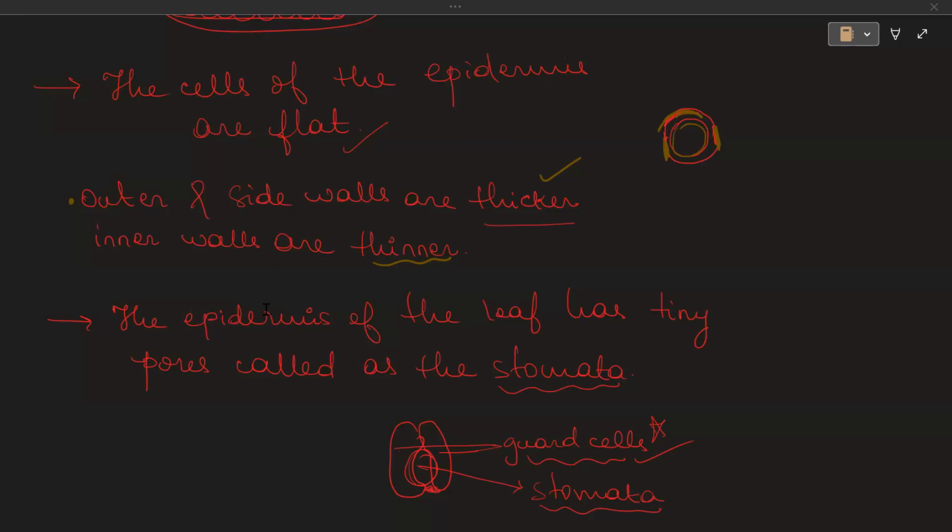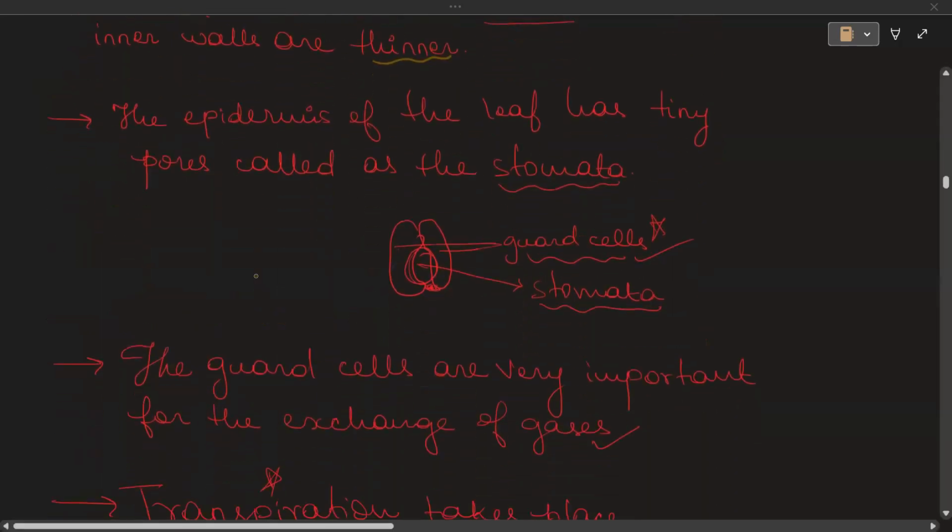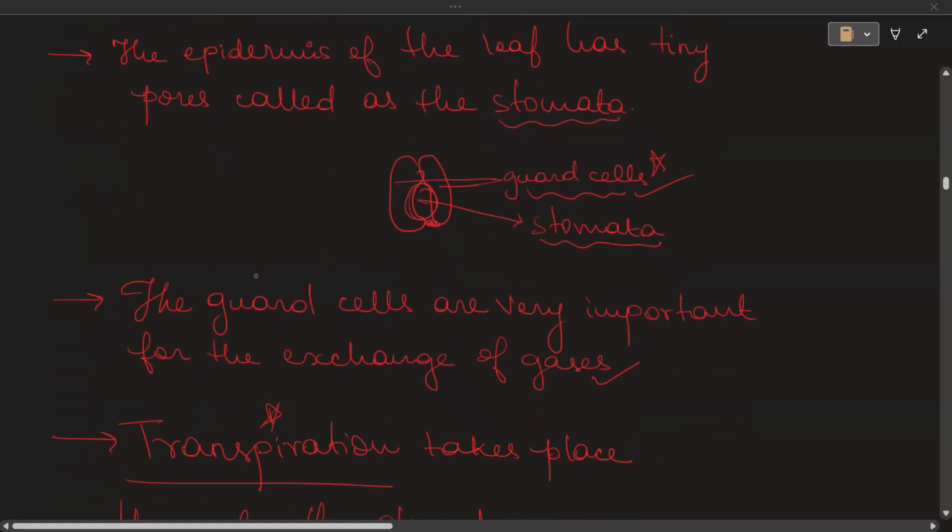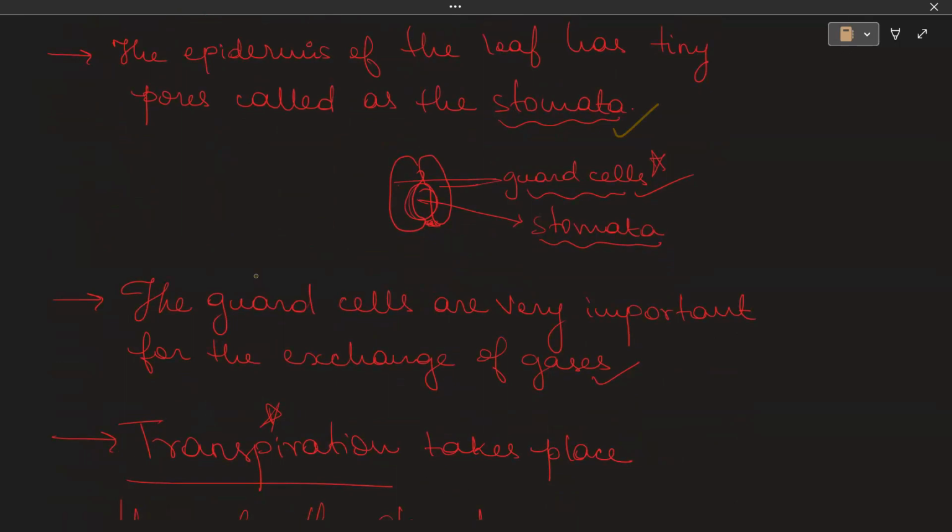Now see, if we are talking about the epidermis of the leaf, the outermost layer of the leaf, that will have tiny pore-like structures present, and those will be called the stomata. These stomata have guard cells surrounding them.